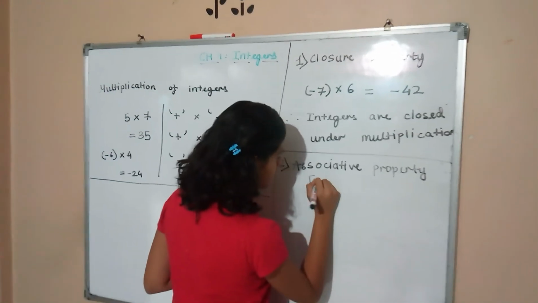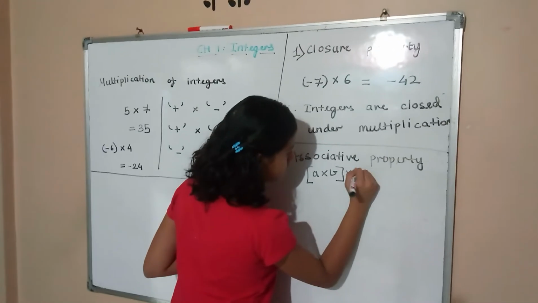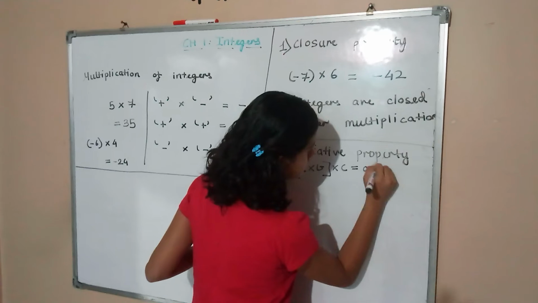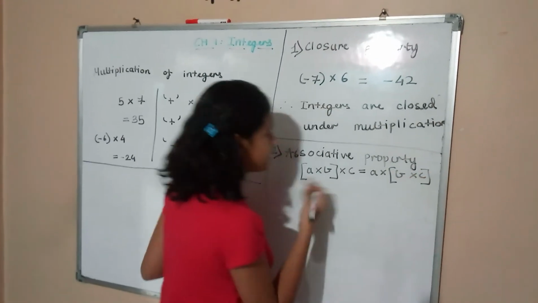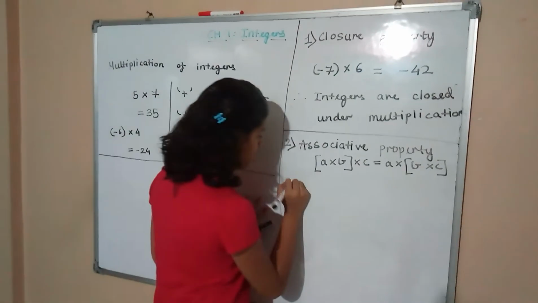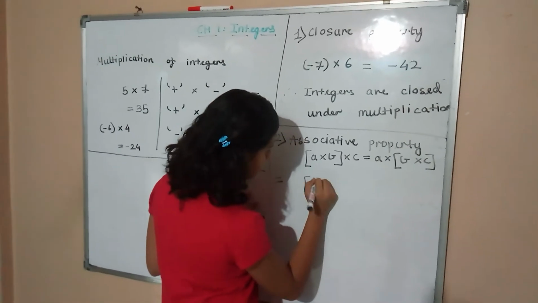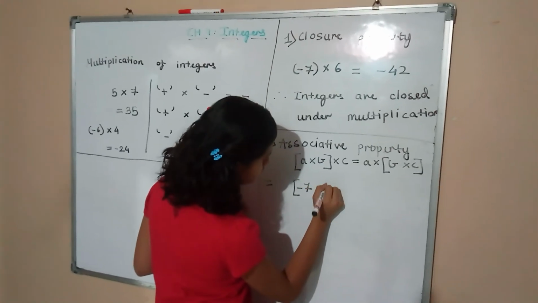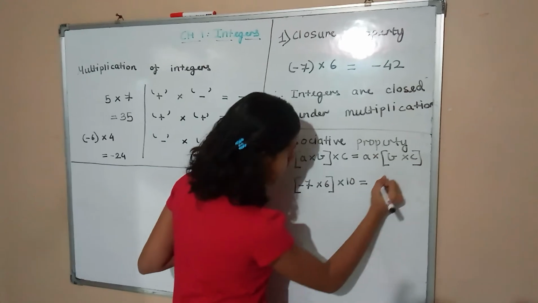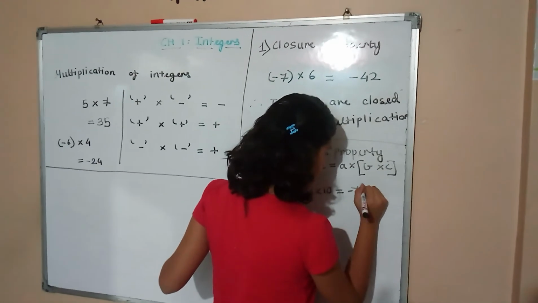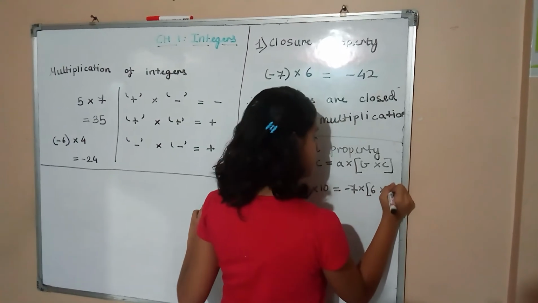We used to use the formula and then just substitute the values. So, let us say, -7 into 6 into 10 is equal to -7 into 6 into 10.